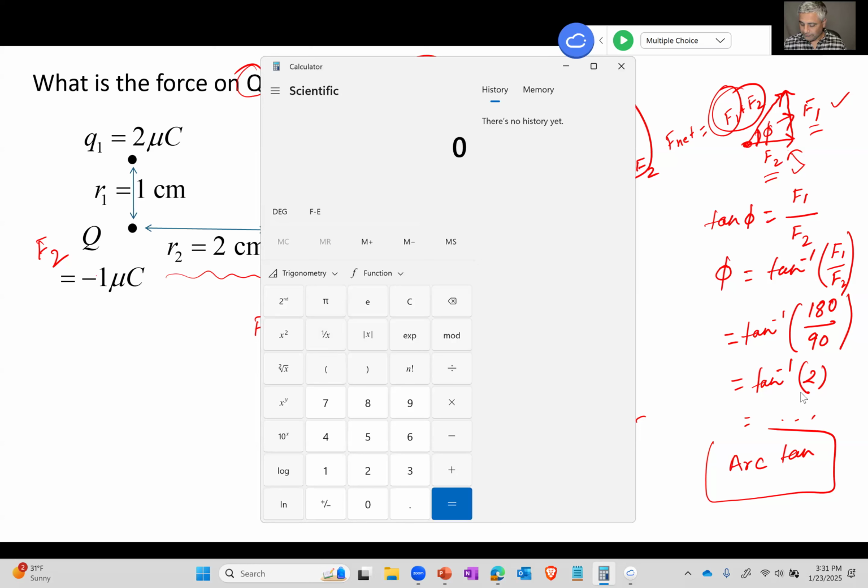And now let's see the trig function. Oh, there is no inverse function here, so I need to click on second. Now I see the inverse function, so this is what I'm looking for. But before I click on that, I need that 2 first, I think. And then inverse tangent.